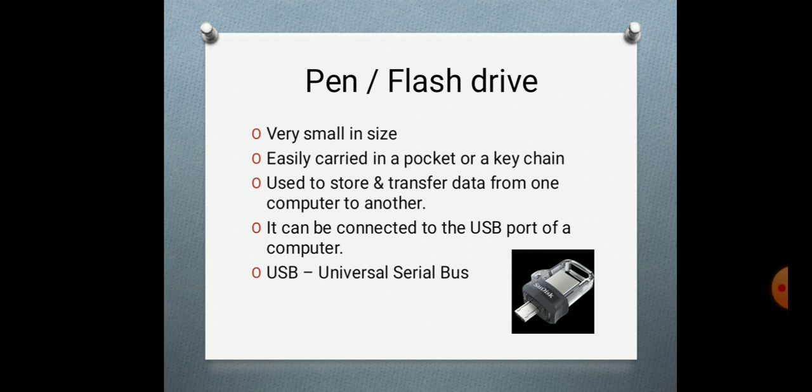There is a place for inserting the pen drive, isn't it? That place is called the USB port. So using that USB port, a pen drive is connected to the CPU.